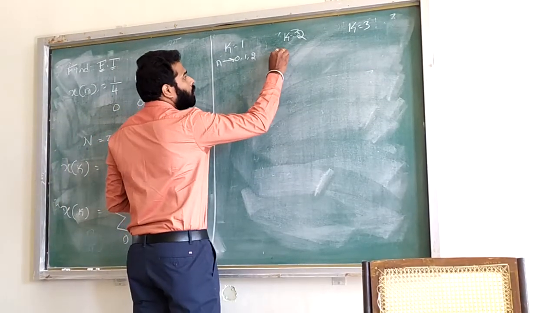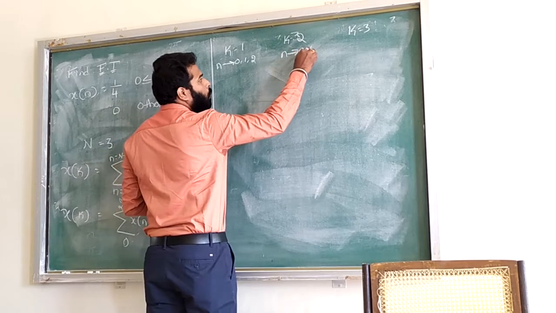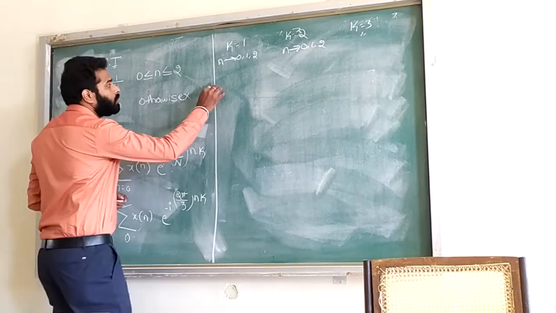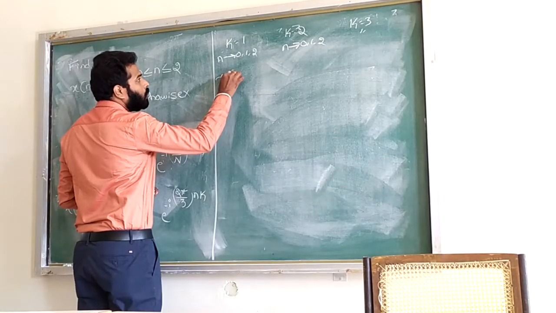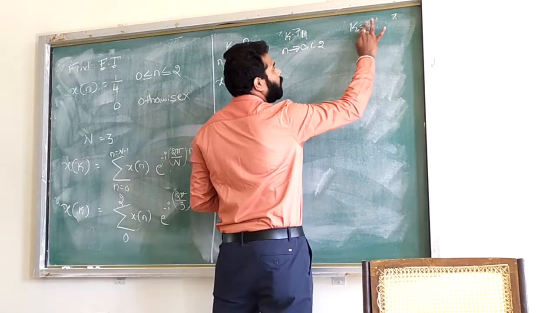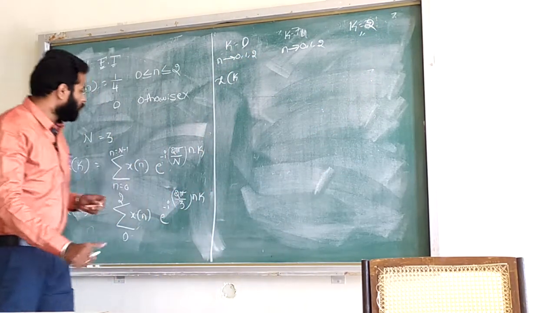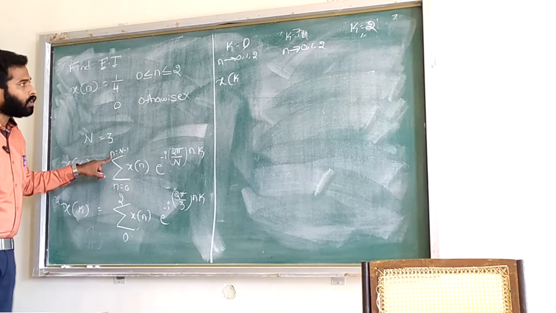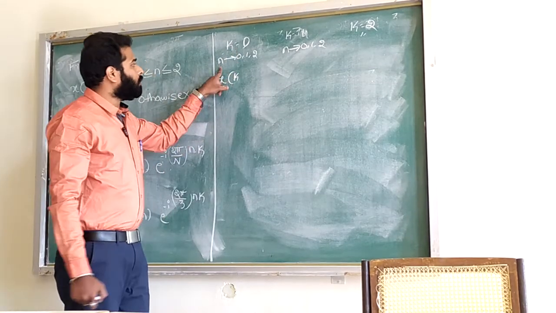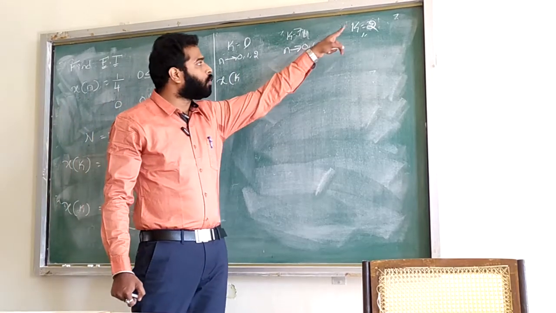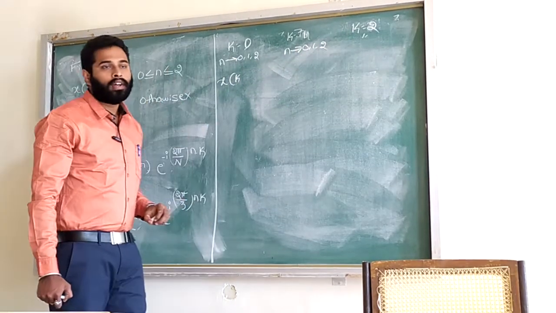Again in this equation we will put n is equal to 0, 1 and 2 and similarly for k is equal to 2. Okay. The values of n and k will have the same range: for k is equal to 0, we put n is equal to 0, 1 and 2. For k is equal to 1, n is equal to 0, 1 and 2. And for k is equal to 2 again, n is equal to 0, 1 and 2.